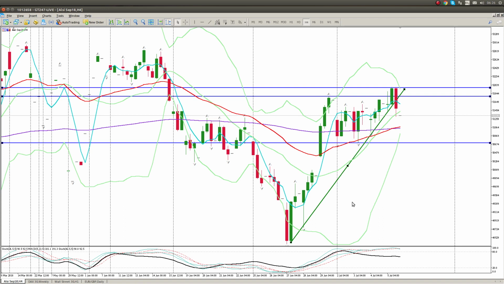wedge, or channel, I think more of a channel than a wedge, that broke. Alternatively, what we could do is look at it this way. But for me, right now, this was a profit taking I was looking for.